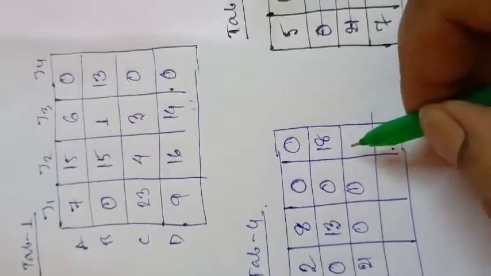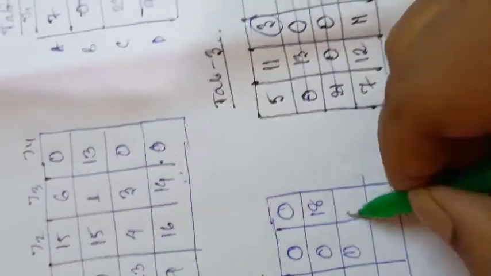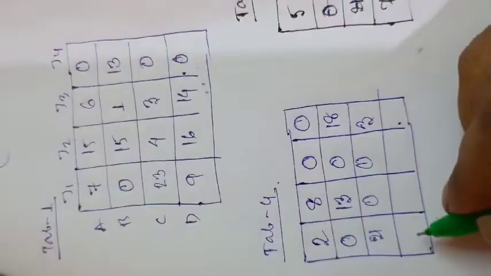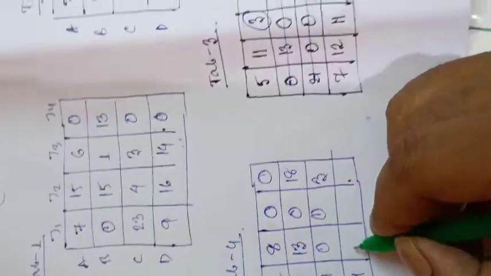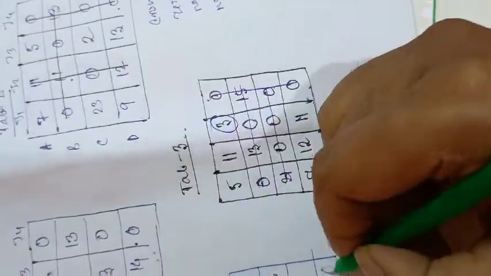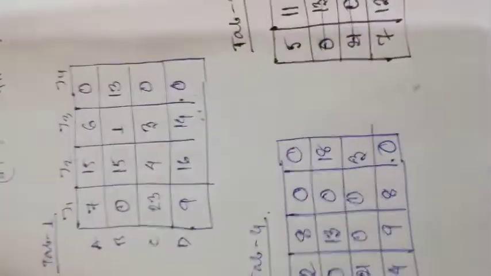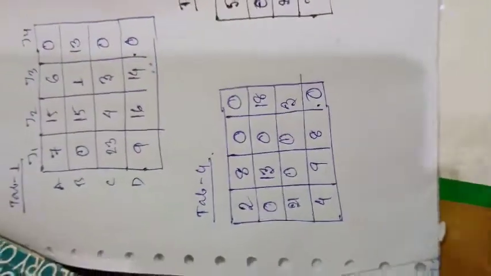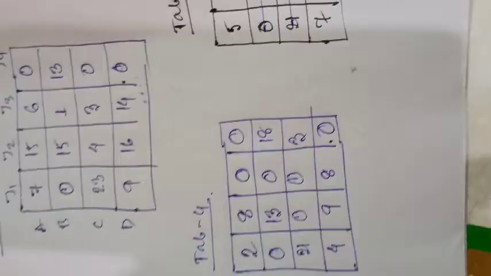So here we will get 3, and here it will now be 4, it will now be 9, it will now be 8, and it will now be 0. So now let us try to cover up all the zeros by the minimum number of lines.